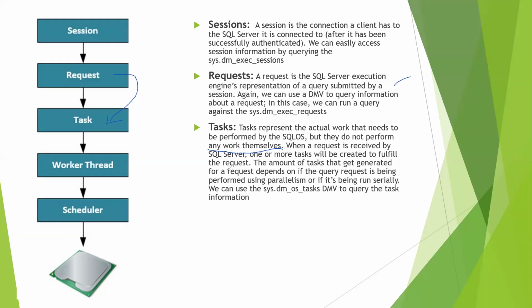When a request is received by the SQL Server, one or more tasks will be created to fulfill it, right? Let's say SQL Server receives a request from the application. One request can be assigned to multiple tasks.